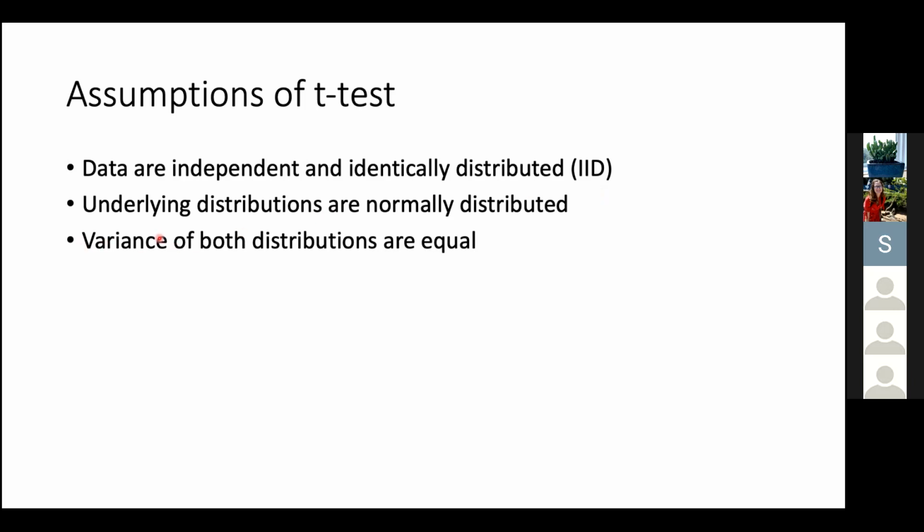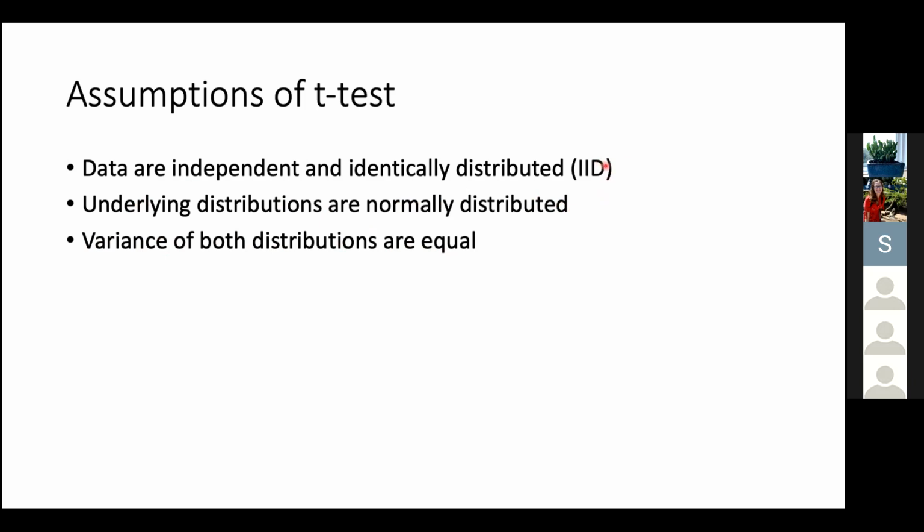We don't need to worry about this last point at all because there's something called a Welch t-test, which takes care of this problem. Now, the underlying distributions do need to be normal to a certain extent. If they have skew, you can still use the t-test. You just need more data.